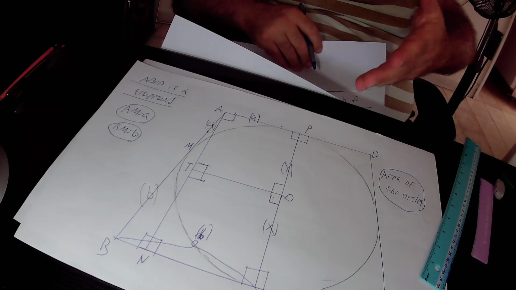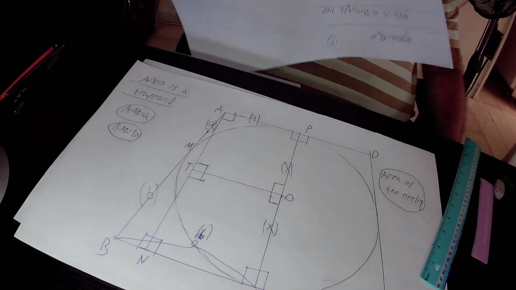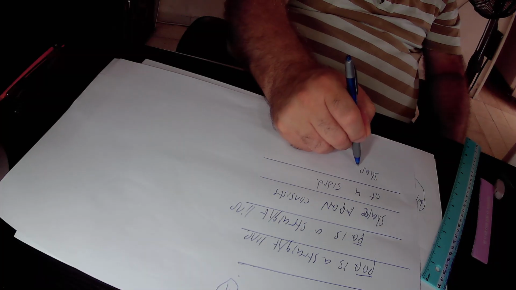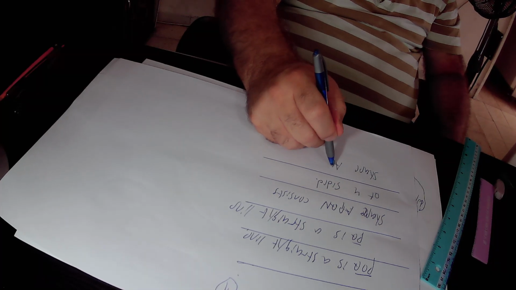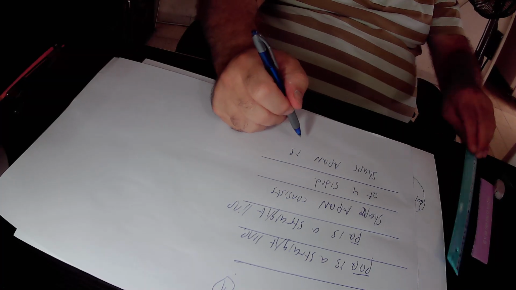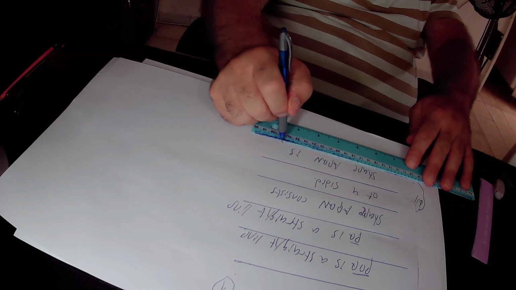Therefore, shape APQN is a quadrilateral. Shape APQN is a quadrilateral because it consists of 4 sides.